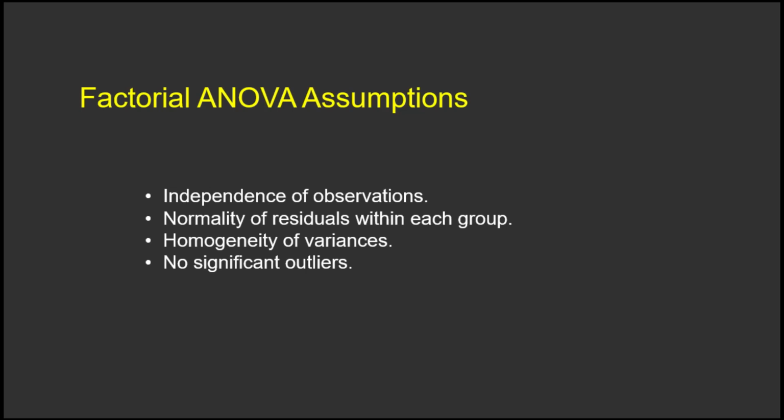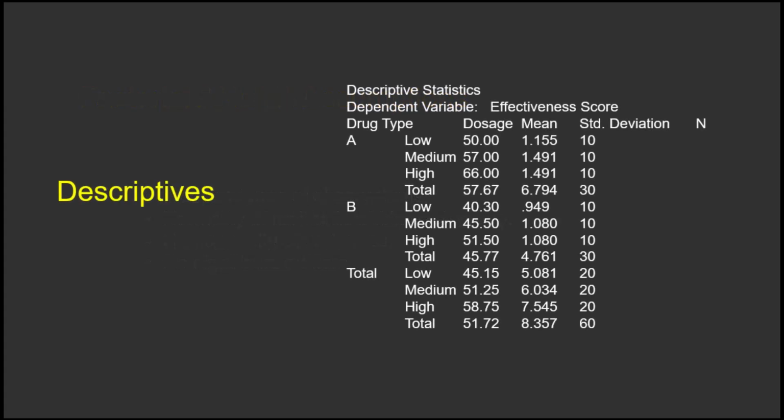All right, let's take a look at what SPSS is going to give us once we ask it to conduct a factorial ANOVA. Let's assume that this data represents the output from a test of two different drugs, drug A and drug B, which treat anxiety and which is being administered at 3 different dosages: a high dose, low dose, and a medium dose.